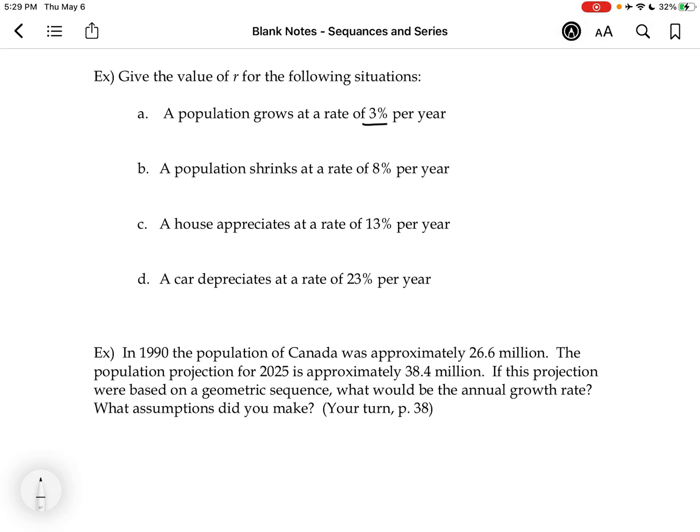So let's just say, for example, that you have a population of 100. Okay, the next year the population will still be those 100 people, but then you'll have an extra 3 people.